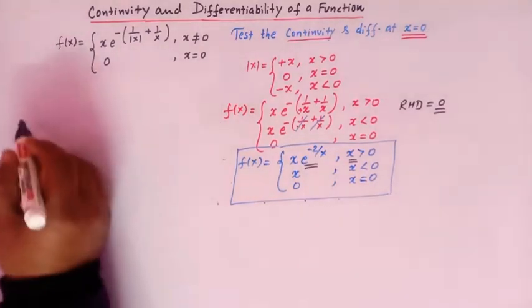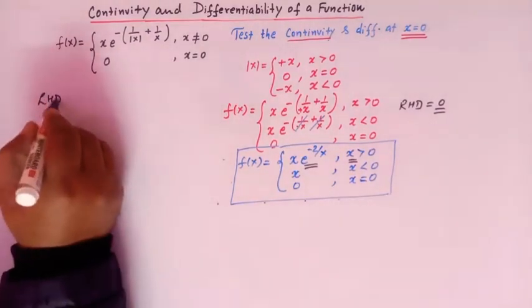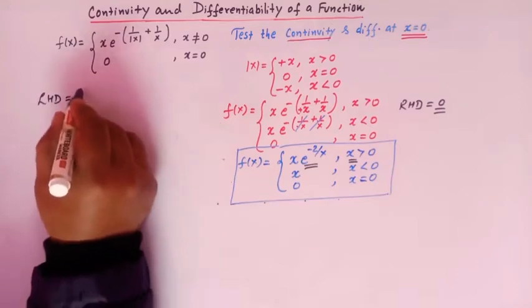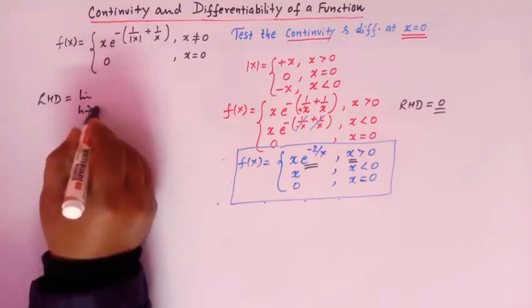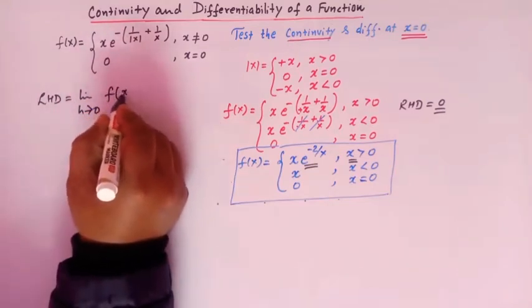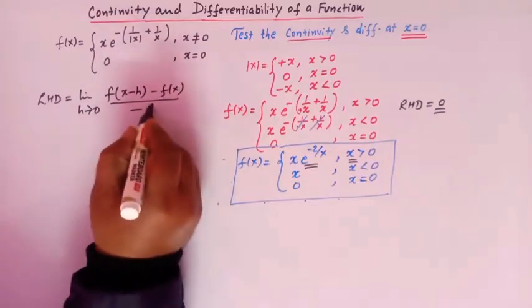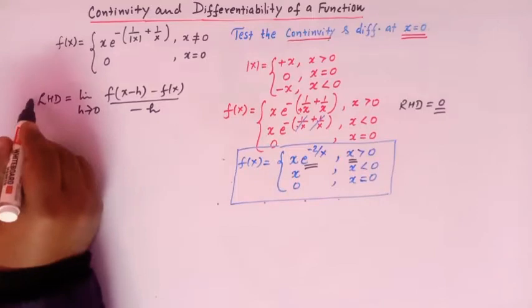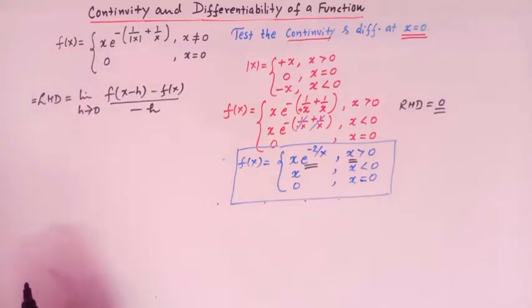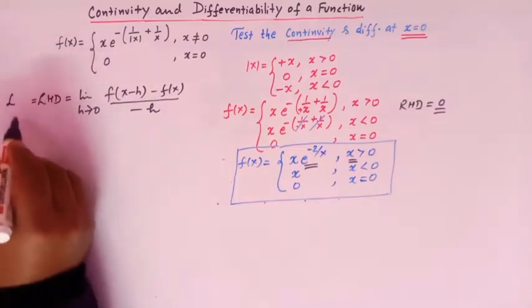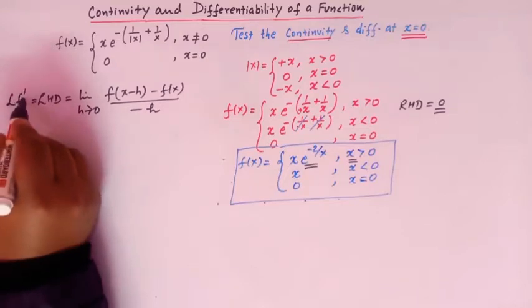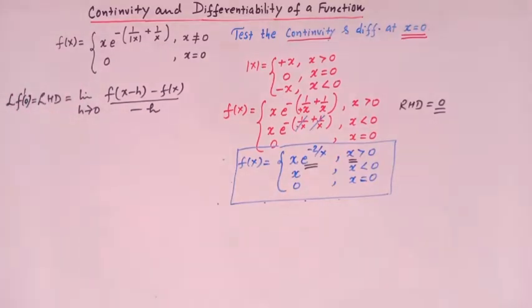Now viewers, the left hand derivative is given by limit h tends to 0 of f of x minus h minus f of x over minus h, right? And sometimes the left hand derivative is also denoted by the notation L f prime of 0, right?